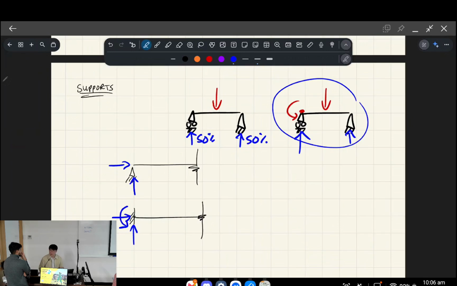I can't remember which way is bigger. It will redistribute the way that the reactions take the load, like the proportion of the load that the reactions take. It depends on the magnitude of that point moment. But the reactions themselves don't magically absorb moment, if that makes sense.